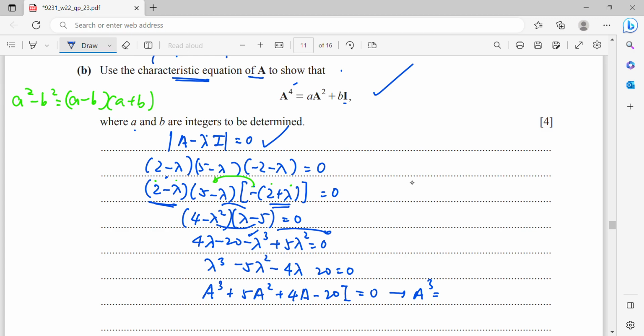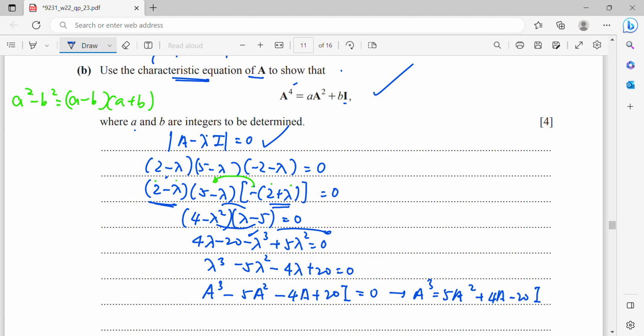And then the negative 20 becomes plus. Okay, this should be the correct way. All right, so I get the A cubed as a subject. So this is 5A squared plus 4A minus 20I.